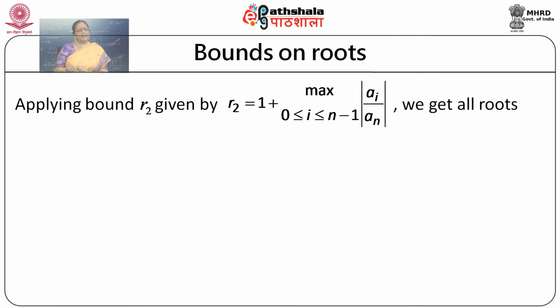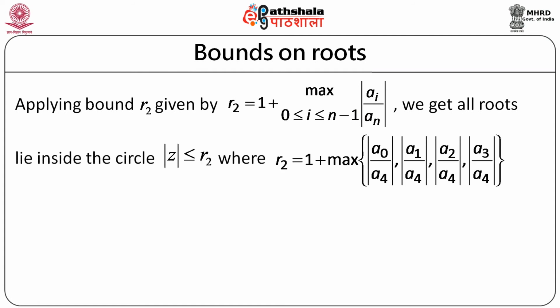Let us apply the second bound, that is r2. R2 is 1 plus the maximum of the absolute value of ai by an, where i is between 0 and n minus 1. So, in this example r2 becomes 1 plus the maximum, n is 4 here, of the absolute values of a0 by a4, a1 by a4, a2 by a4, a3 by a4, and substitute the values. a0 is minus 6, a1 is 10, a2 is minus 4, a3 is 0 and a4 is 4.